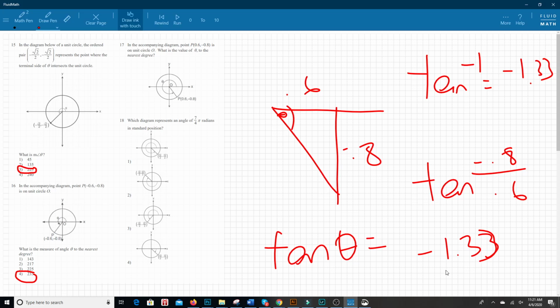All right, so I'm left with about 43 degrees. So I take away 43 degrees, which is what this essentially is. It's 360 minus 43 degrees.